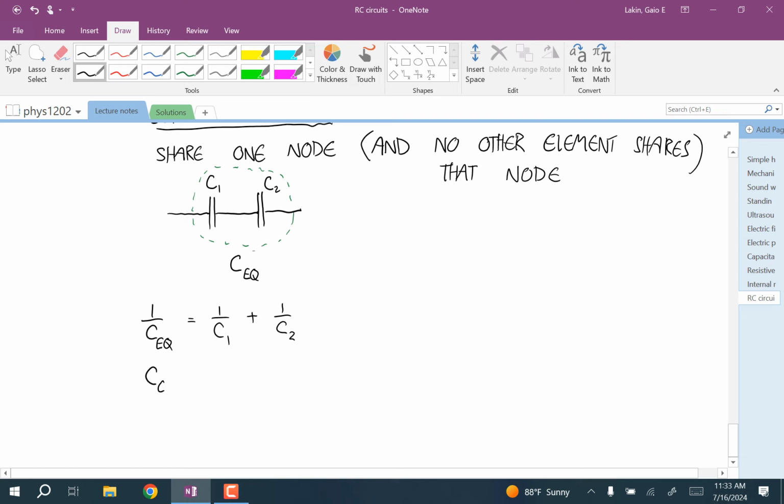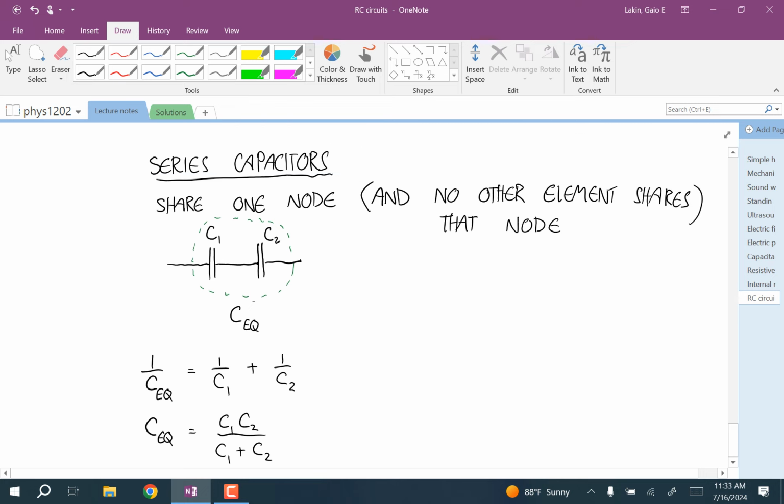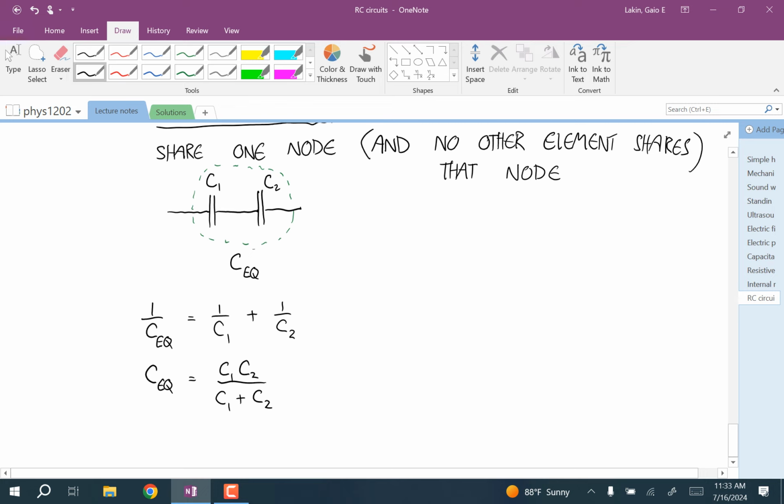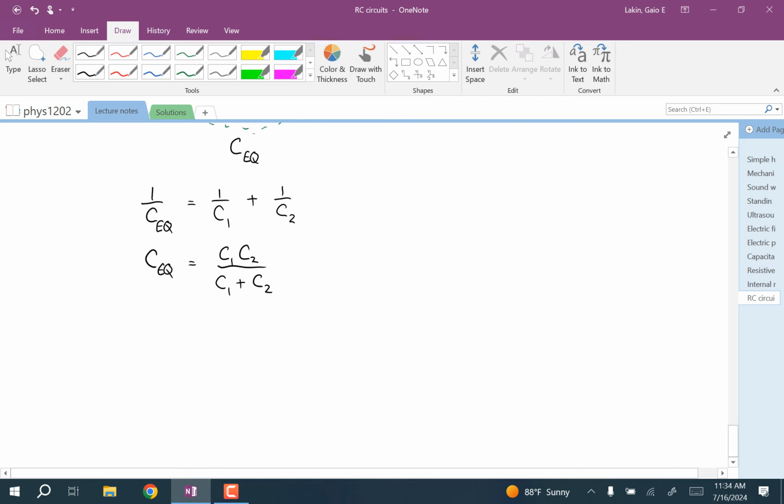And what you get is that C equivalent is equal to C1 times C2 divided by C1 plus C2. Notice that this is series capacitors, but it has the same relationship as parallel resistors. So that's what I'm saying when I say it's kind of the backwards relationships, and you need to remember that.